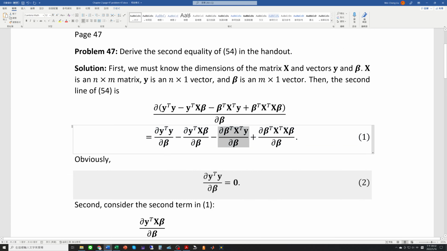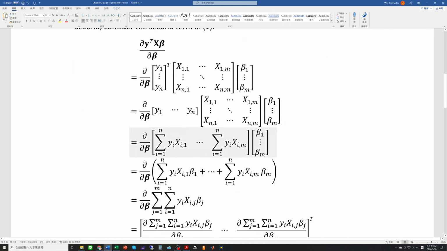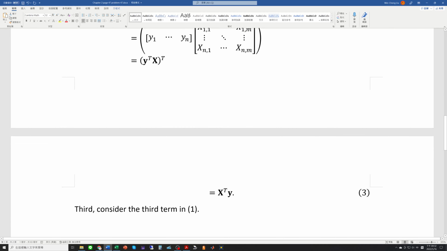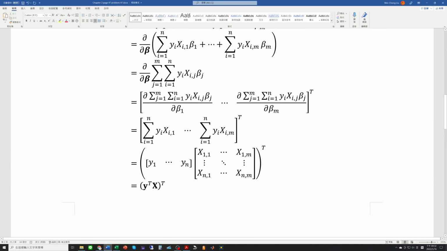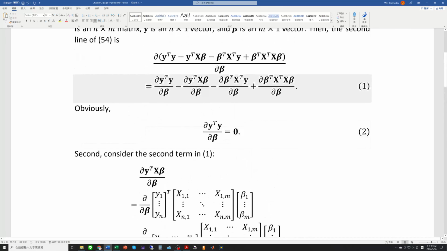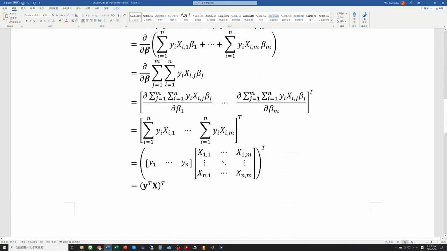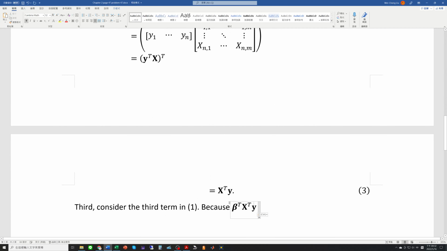So we can copy this, because this term, beta transpose X transpose Y, is a scalar.